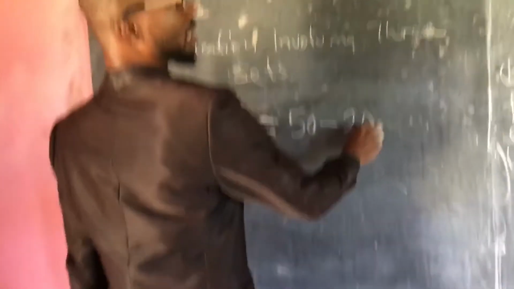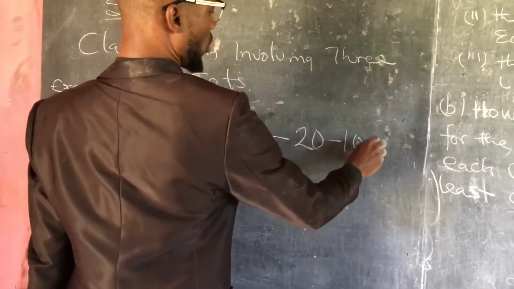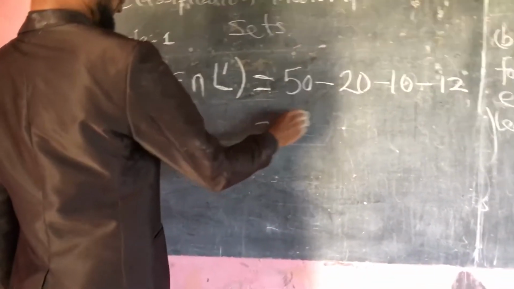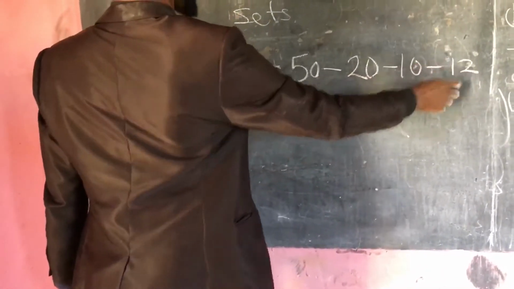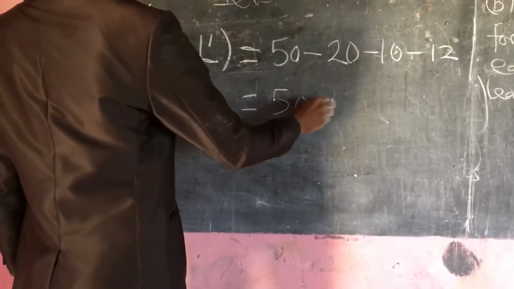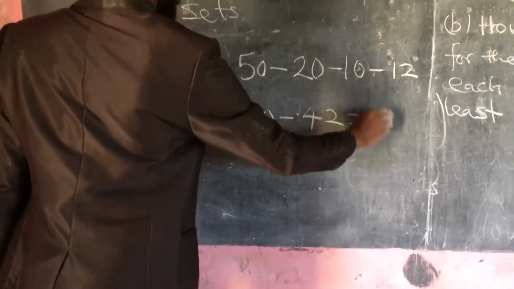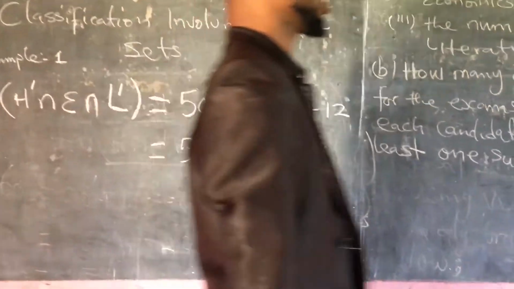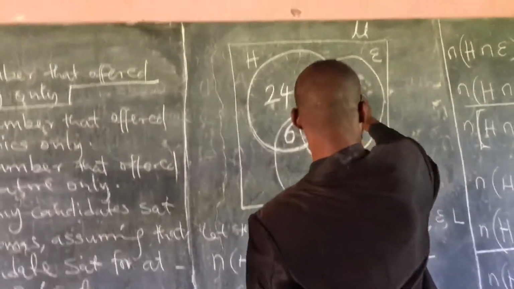So we minus 20, then minus 10, and then minus 12. If we do that, we get 50 minus 42, so we get 8. So here now, 8.